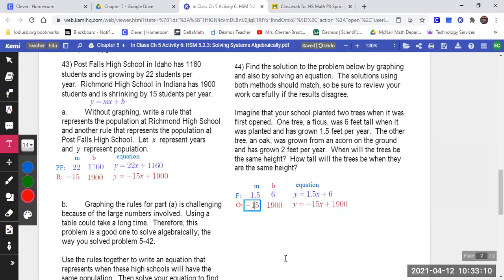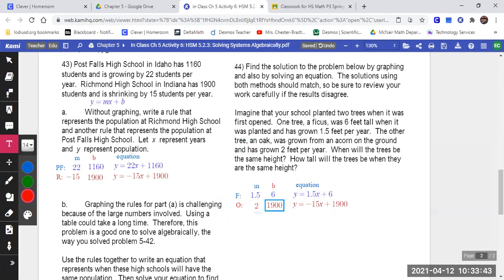Okay, oak. How much growth? Two. Okay. Read carefully. Where did it begin? How tall was it when it began? Tall means above ground, right?